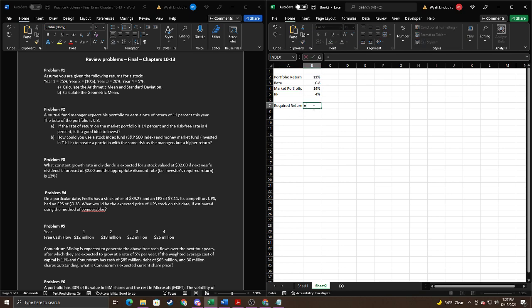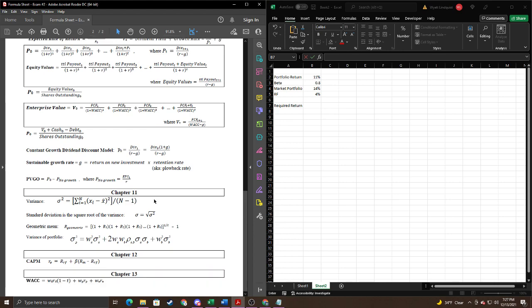So in order to compute our required return, we're going to pull up our formula sheet here, and we're going to use the capital asset pricing model. If you need to reference this, it is right here.